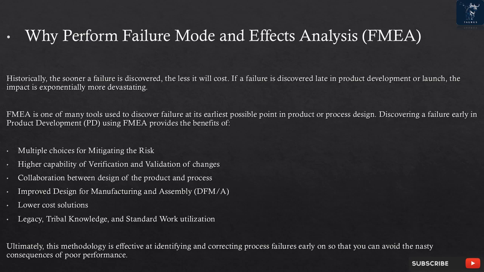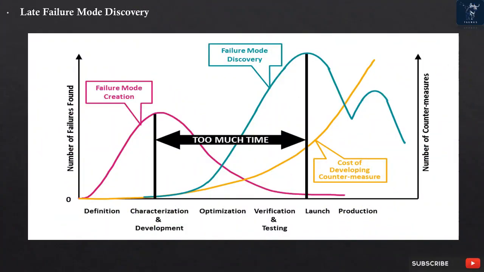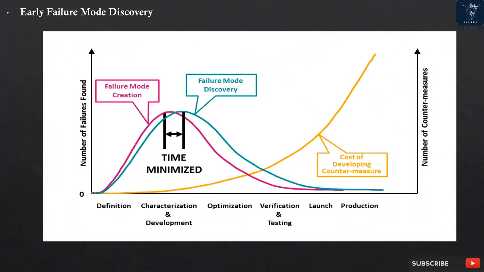Ultimately, this methodology is effective at identifying and correcting process failures early on so that you can avoid the nasty consequences of poor performance. Late Failure Mode Discovery. Early Failure Mode Discovery.